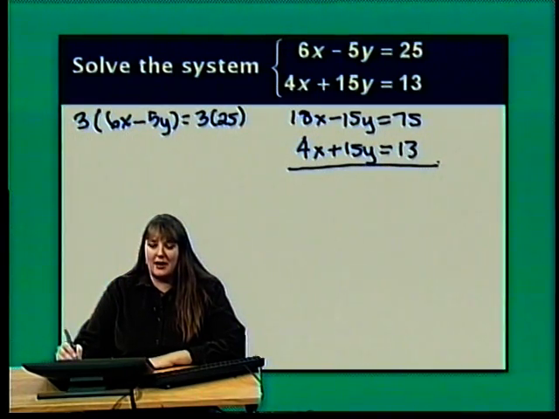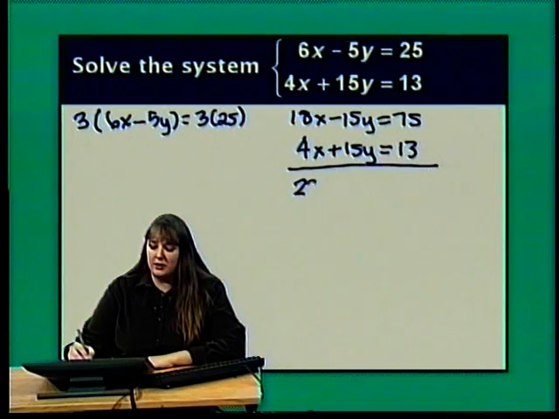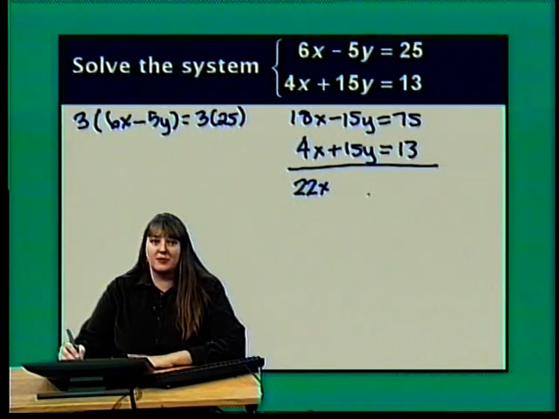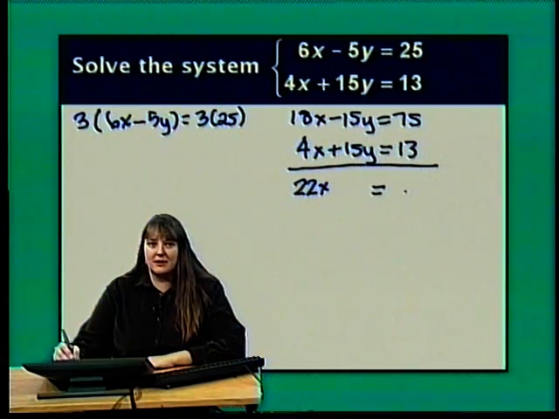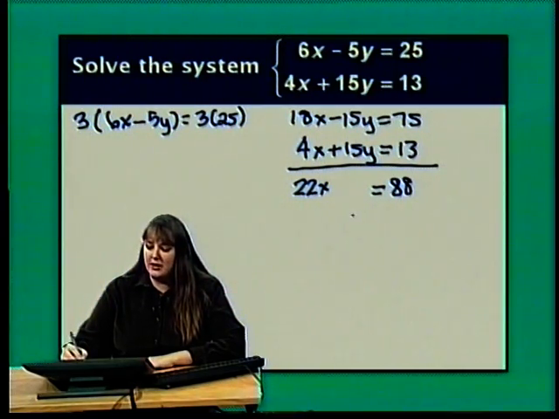What happens when I add? Well, on the left, 18x plus 4x is 22x. And as we planned, negative 15y plus 15y is 0, so the y's are eliminated. On the right, 75 plus 13 is 88. If I divide both sides of this equation by 22, I end up with x equals 4.